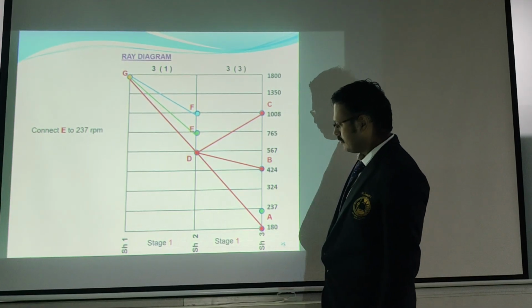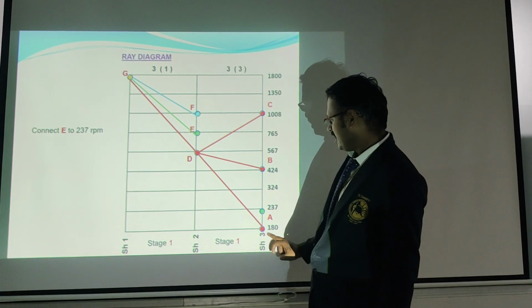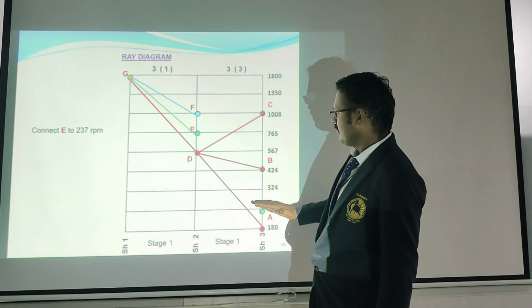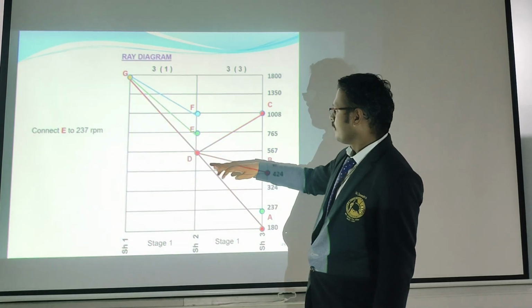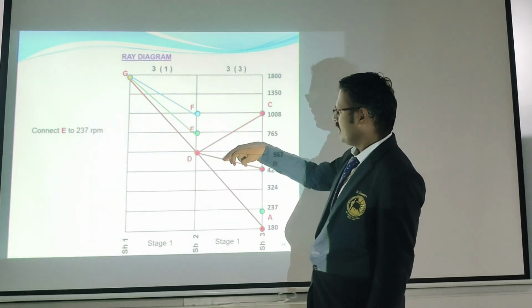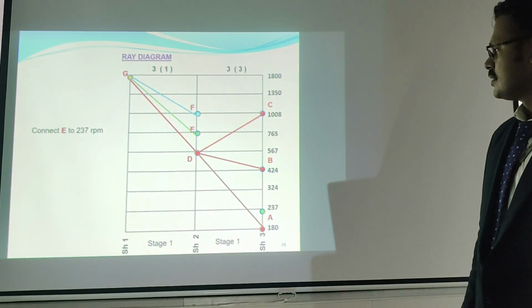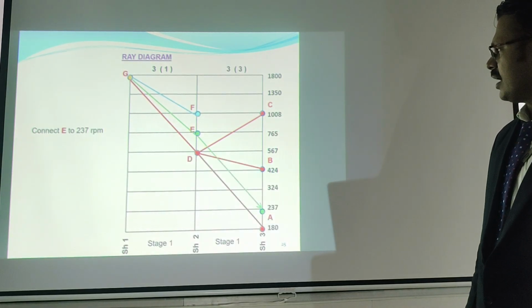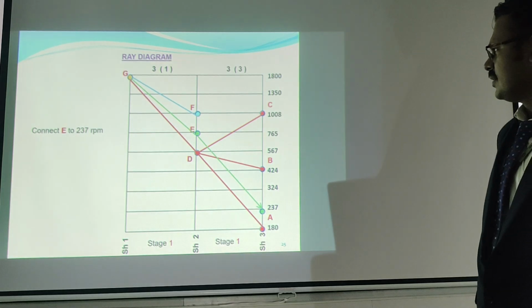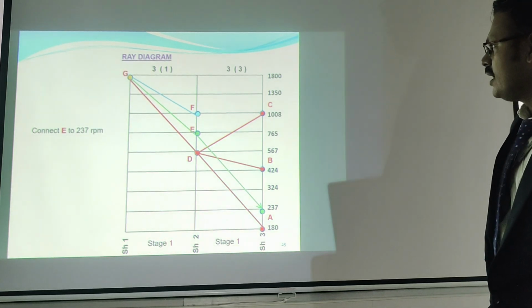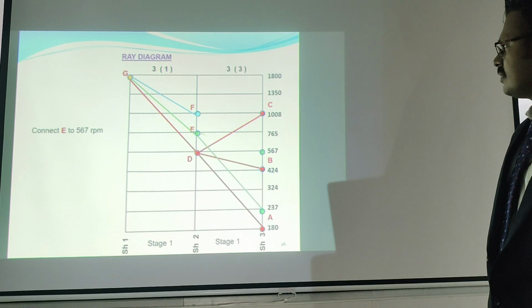That parallel line should be parallel to the DA, parallel to this line and parallel to this line. So for DA I have to draw one parallel line, then parallel to DB I need to draw another line.